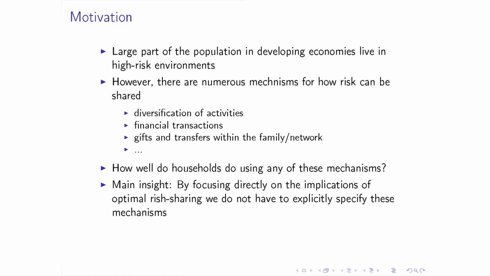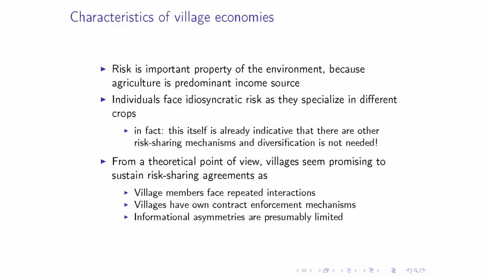In India, we decided to test by looking at incomes and consumption and not looking at the mechanism. In contrast, with medieval England, we focused more on whether the mechanism of dividing up land could achieve an optimal allocation.